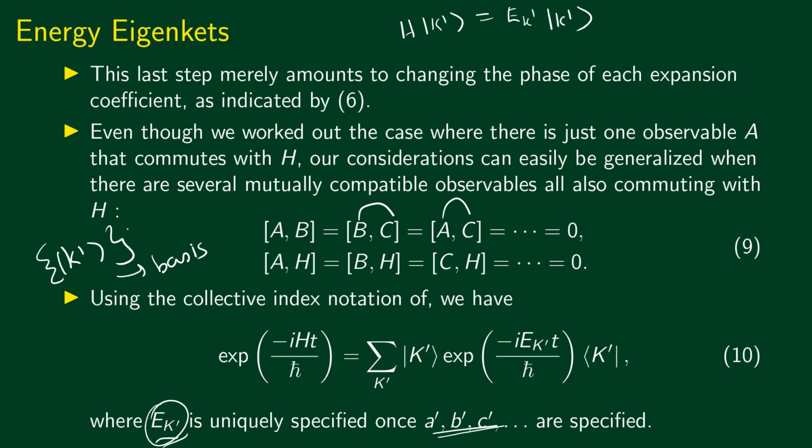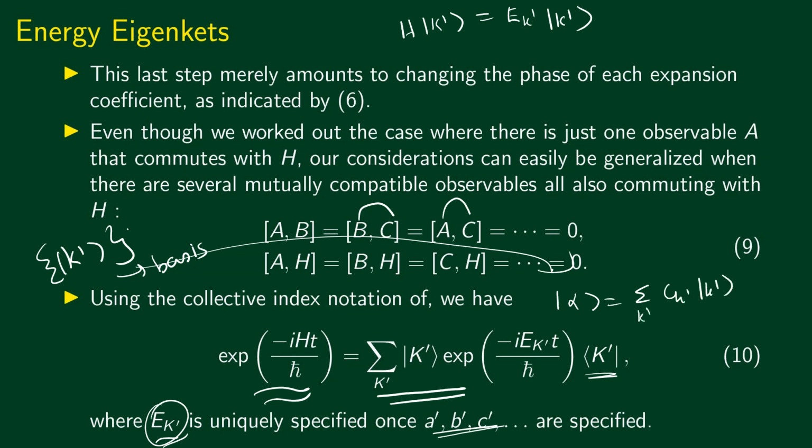And then just as before, we write the time evolution operator in this form. We write it as sum over K prime, ket K prime exponential minus i E K prime t divided by h bar, bra K prime. Now we expand the initial state ket alpha in terms of the same basis. Ket alpha is equal to sum over K prime, C K prime, ket K prime.